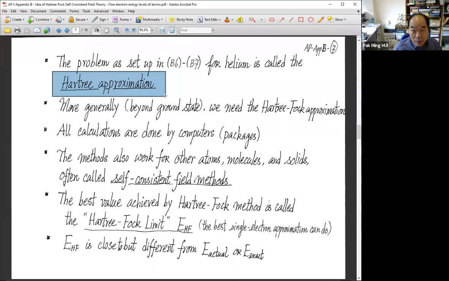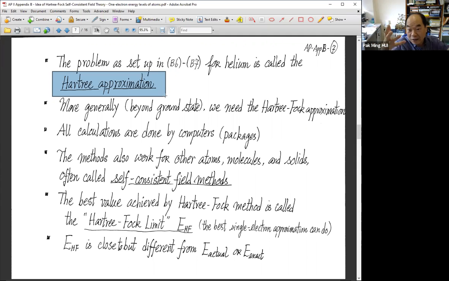So it has permeated into molecular physics and is also very popular in solid state physics. Of course, nowadays you can buy a package to do Hartree and a related thing called the Hartree-Fock method.